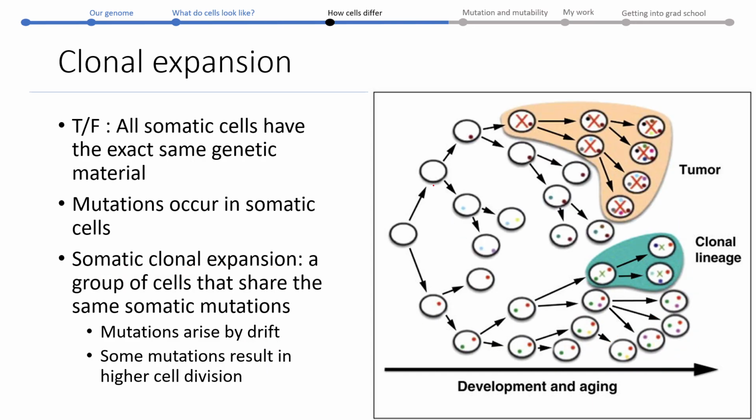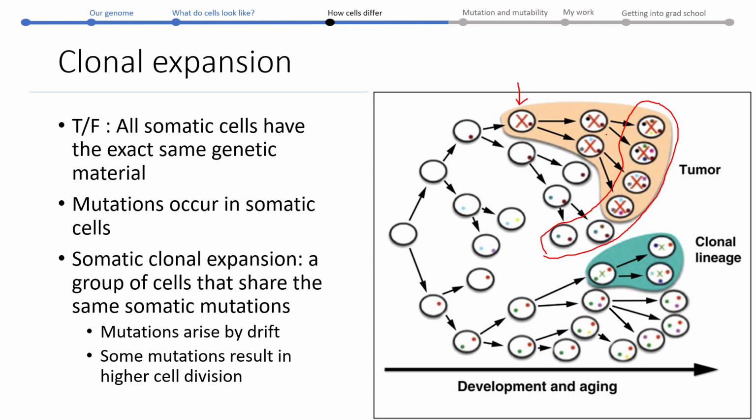A very similar occurrence happens in cancer cells. As we can see, just as before, cells are dividing and dividing, accumulating mutations until the first cancer-causing mutation occurs here, which results in a very high level of division. And so in the end result, we see that most of the cells contain this cancer mutation because it gave that cell an advantage.